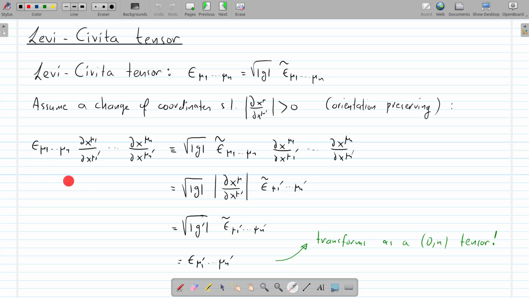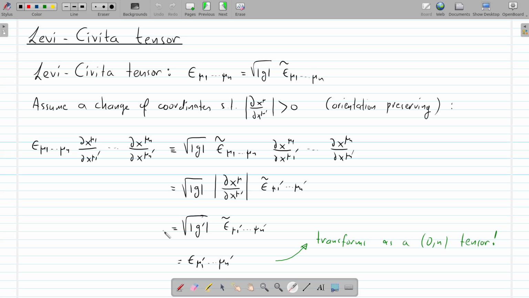Then we see that the left-hand side is equal to the components of this tensor in the new coordinate system. Therefore, the Levi-Civita tensor is a 0n tensor.